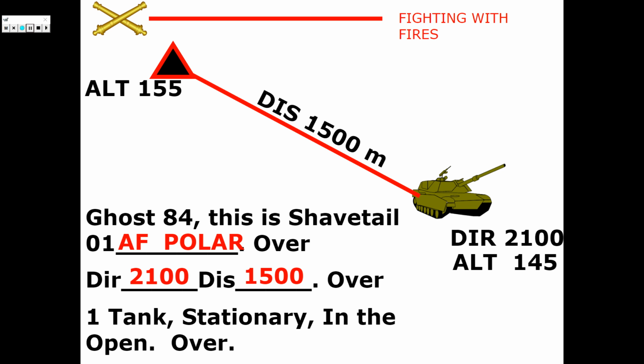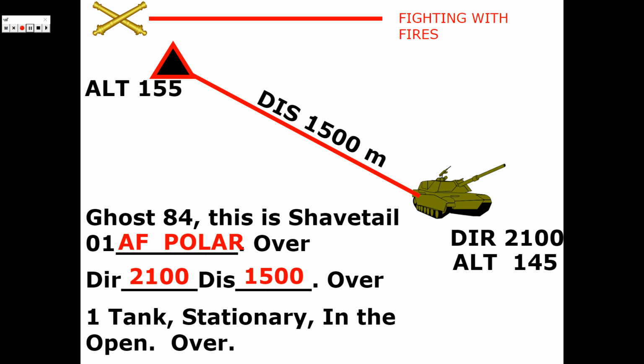One tank stationary in the open, over. Now notice there was not an up-down correction. If we compare the altitude of the OP, 155 meters, to the altitude of the target, 145 meters, and subtract those two, there's a 10 meter change. That 10 meter change is less than the 35 meters required to make an up-down adjustment, and we just leave that part out. It's not required.